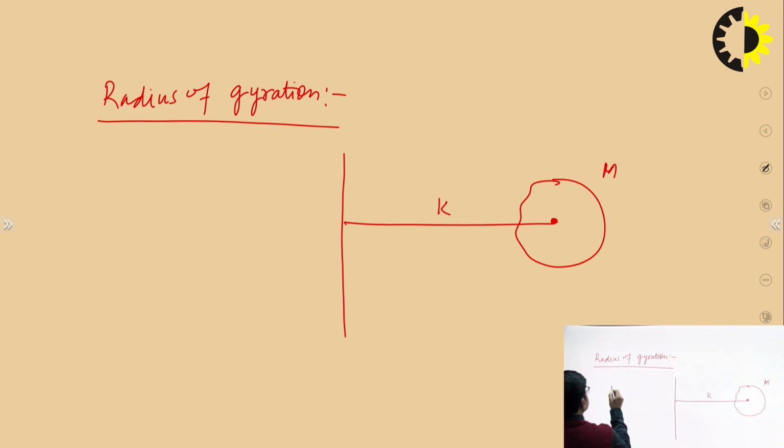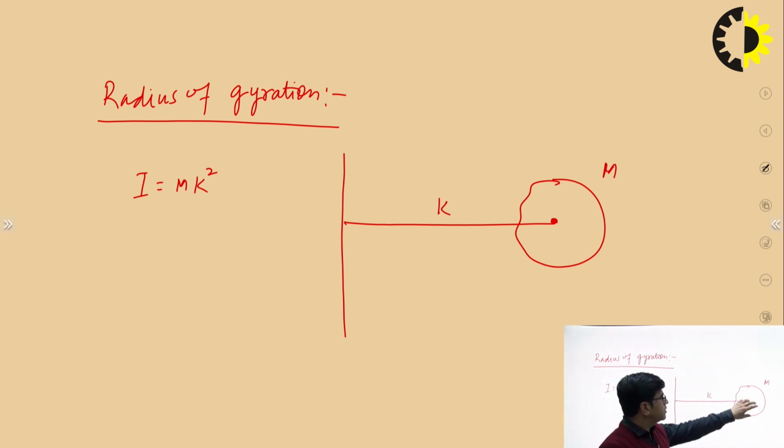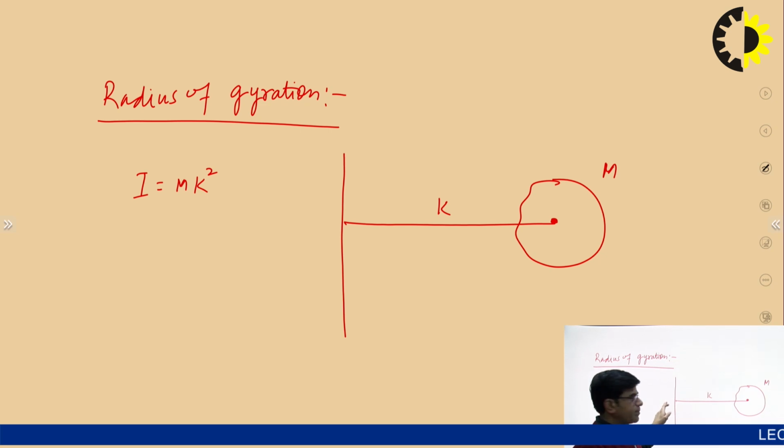So, I will write I equal to m k square. This moment of inertia is equal to the one we get without concentrating, without squeezing, if the whole body's moment of inertia is calculated about the same axis.